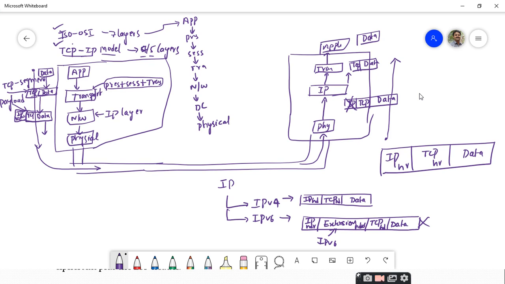So if you look at this, the payload is nothing but the entire transport level segment received from the transport layer. It consists of both the TCP header plus the data. These two things combined are called the payload for IP, or you can say this is the data for the IP packet.